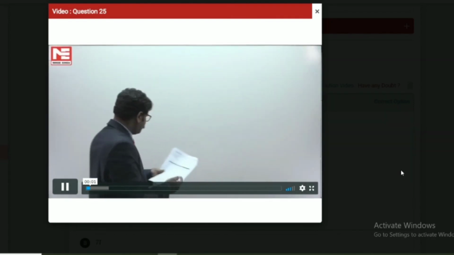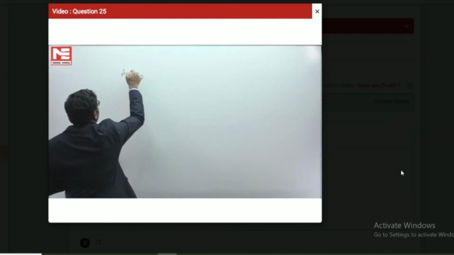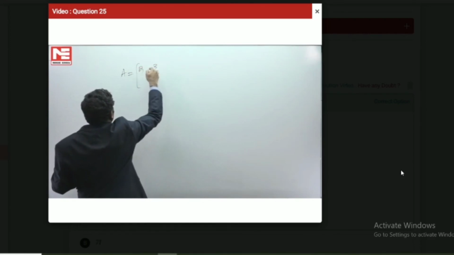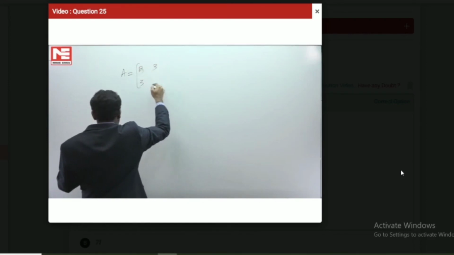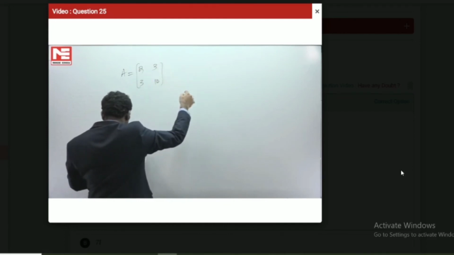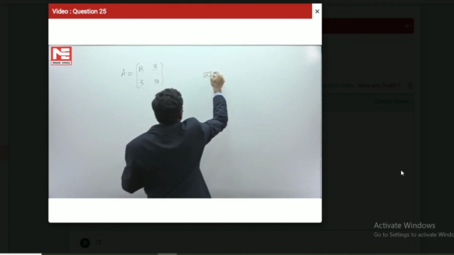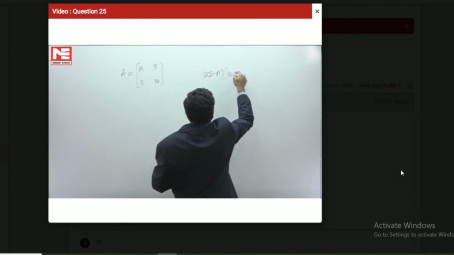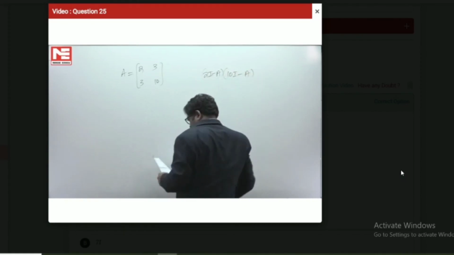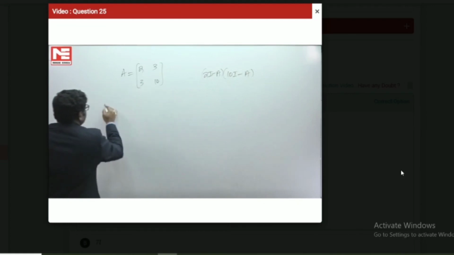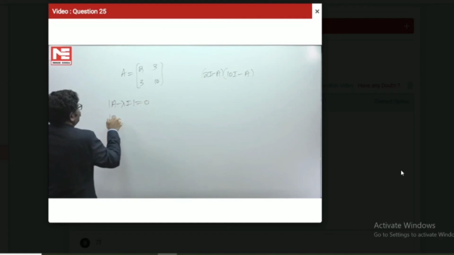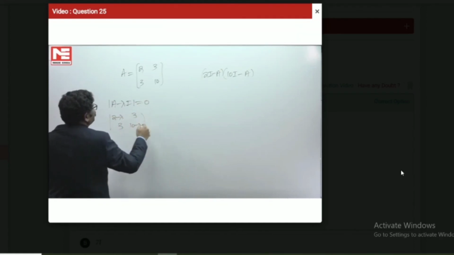In this problem, matrix is 2, 3, 3, 10. Then we have to find out 2I minus A into 10I minus A. So first I am going to find the characteristic equation by determinant of A minus lambda I equal to 0, determinant of 2 minus lambda, 3, 3, 10 minus lambda equal to 0.